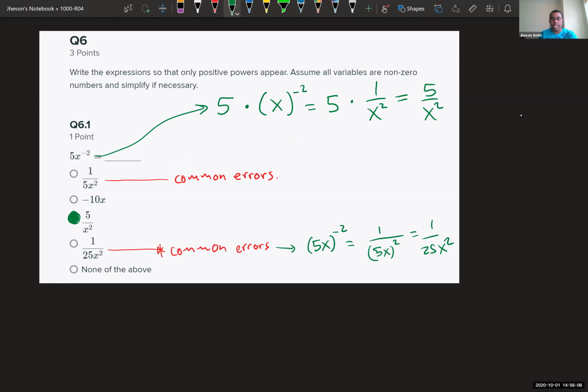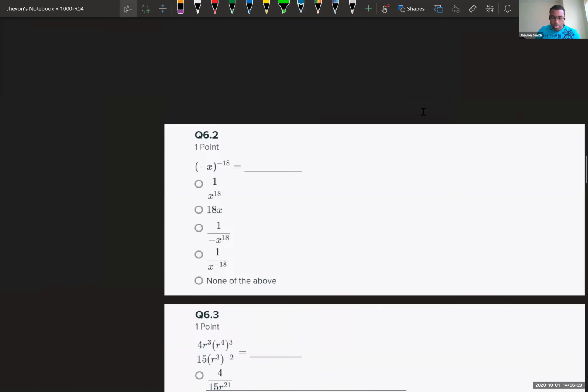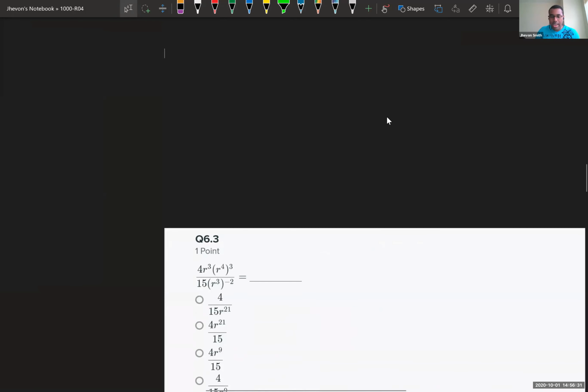The 5 is going to stay there in the numerator, and 5 you can always think of as 5 over 1. The minus 2 does not affect the 5. The exponent applies immediately to the left, unless otherwise indicated by parentheses or something. So that's why the third option is correct. You leave the 5 alone, you apply the negative second power to the x.